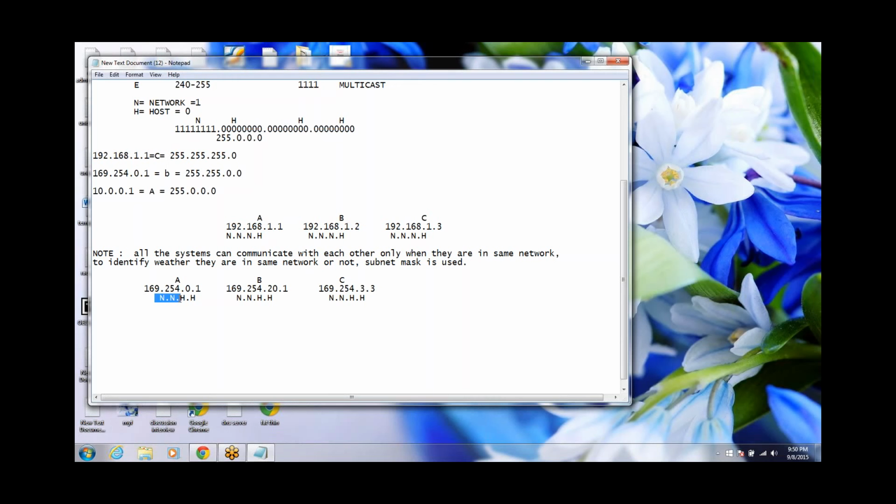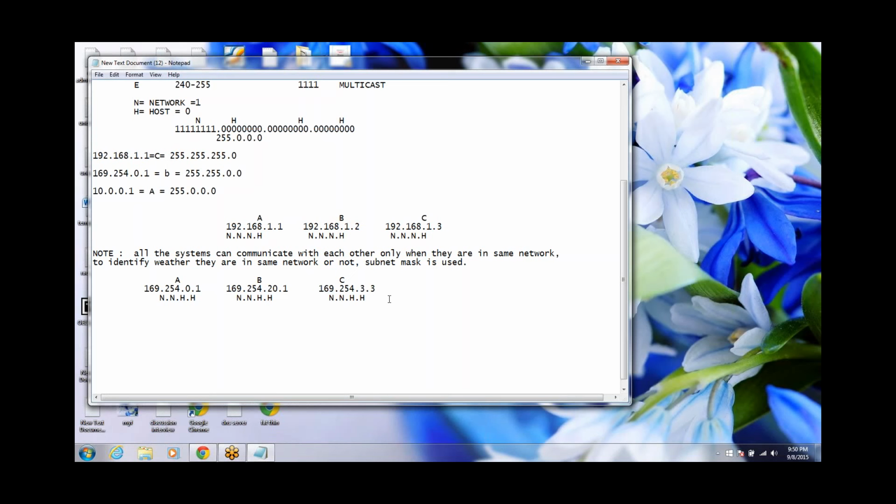Okay, now see here, 169, first network octet, 169, they are equal. Second, 254 and 254, they are equal. When you compare between B and C, 169 is equal, 254 is equal, which means all the systems can communicate with each other. Why?